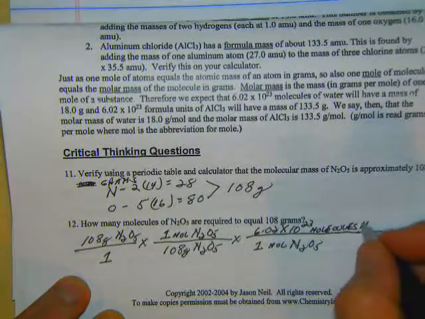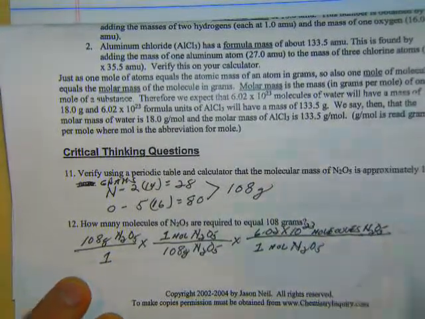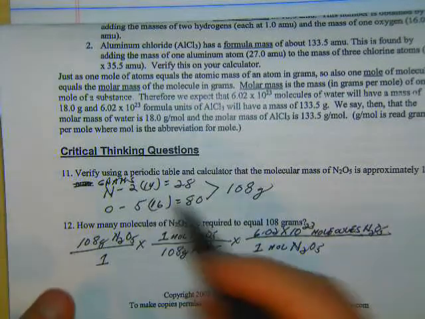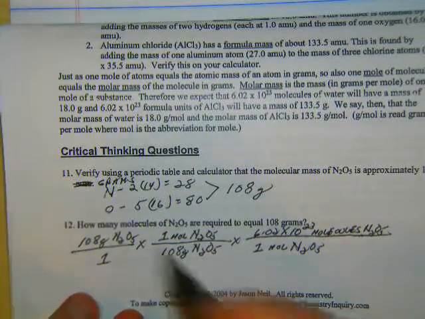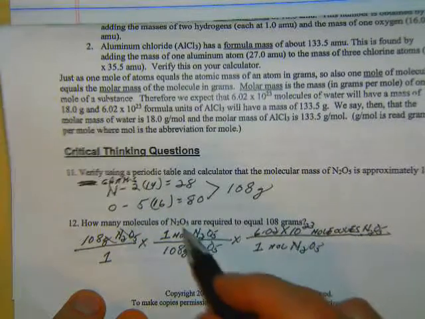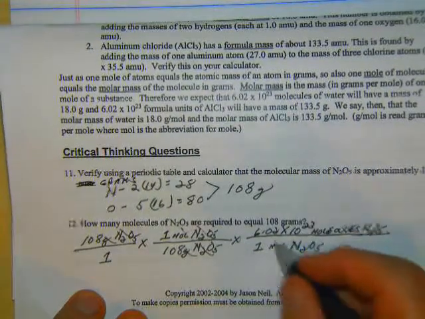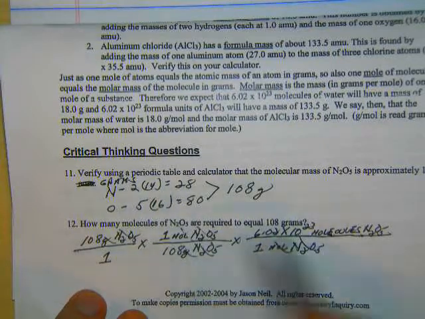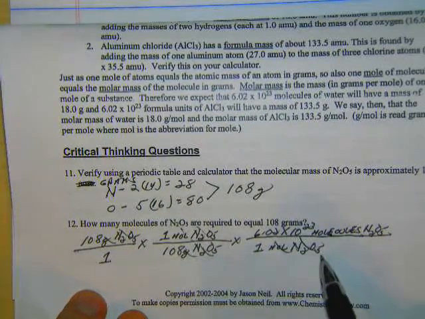of N2O5. And again, I know it gets a little redundant to write things out, but just get a good habit of writing things out here. Using the factor label dimensional analysis, grams of N2O5 are gone. Moles of N2O5 are gone. All we're left with is molecules. Multiply the numerators, divide by the denominators.